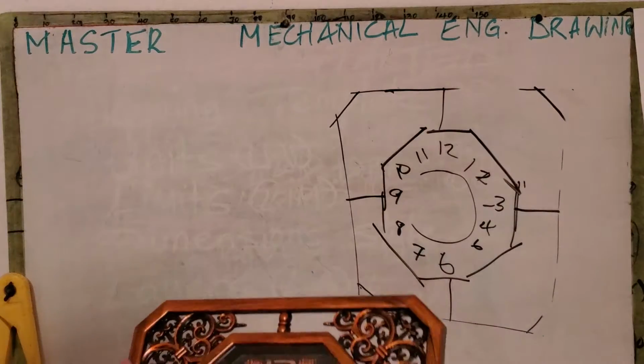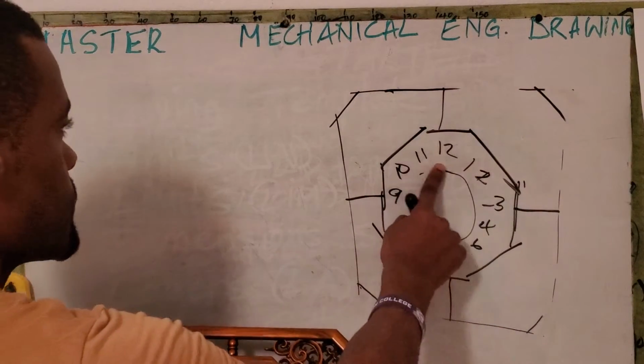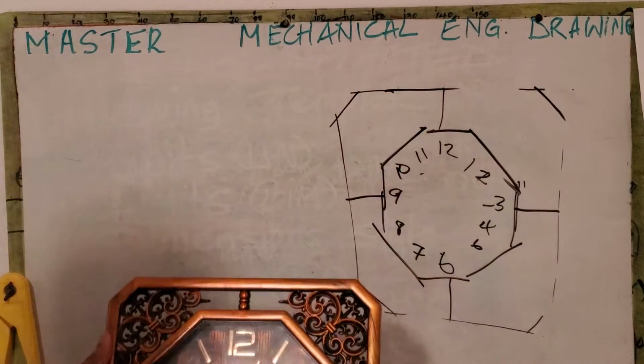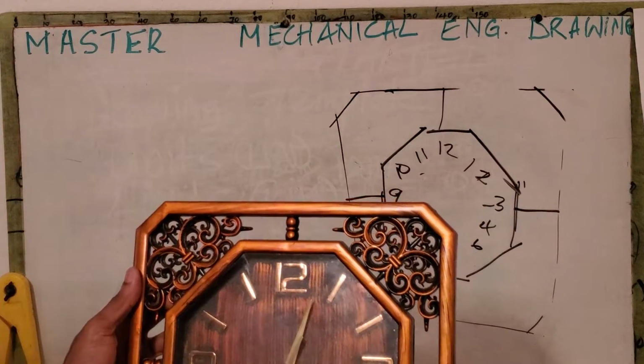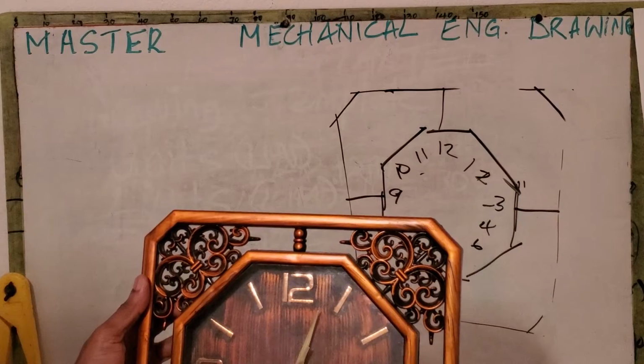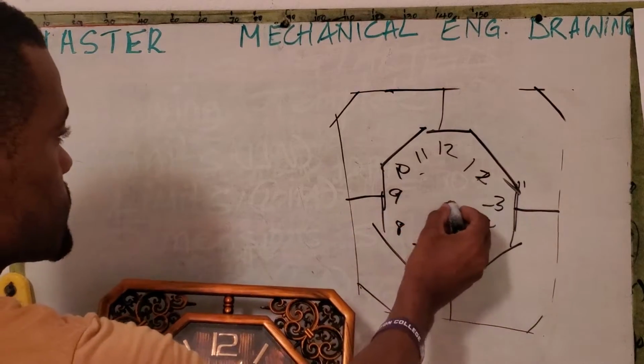We have 12 of these here. We also have the hands, the hands of the clock.